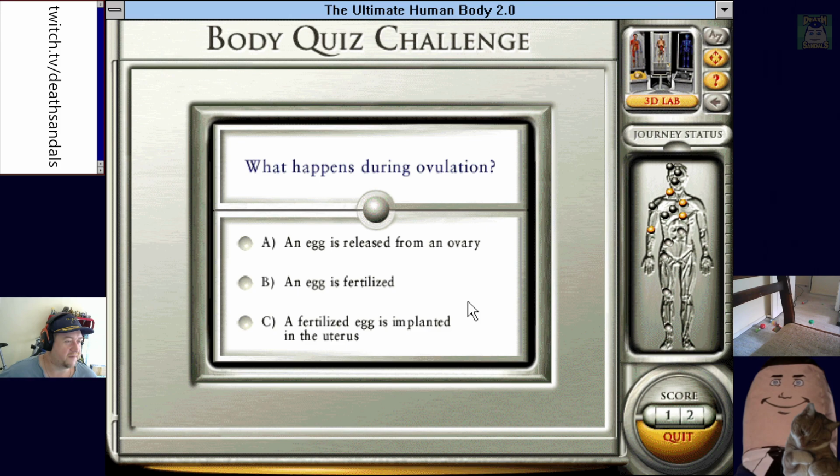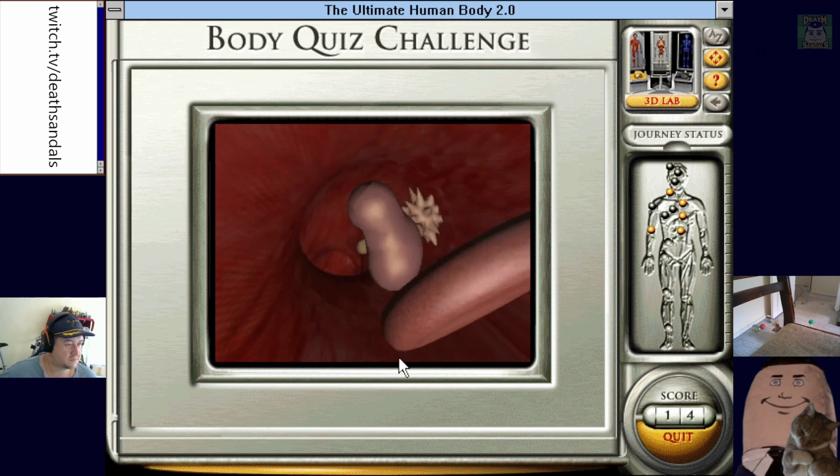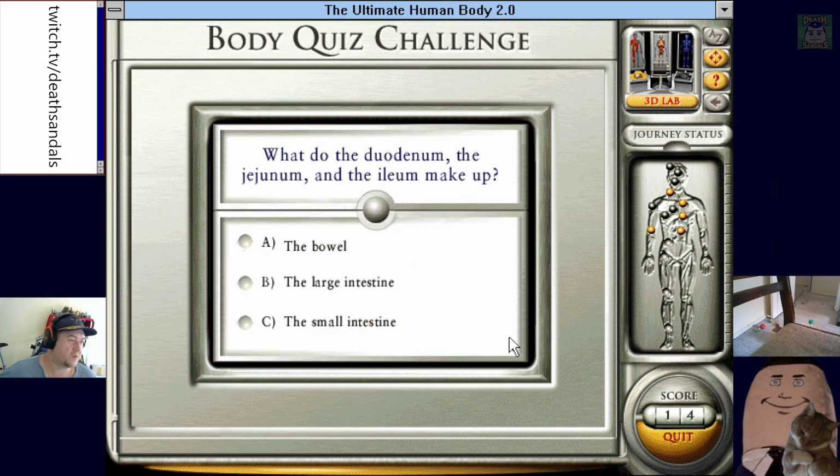What happens during ovulation? Women get pissed off at you. An egg is released from an ovary, because if it were a fertilized egg, you'd have a baby. What do the duodenum, the jejunum, and the ileum make up? I think it's small. No, I want to say duodenum.